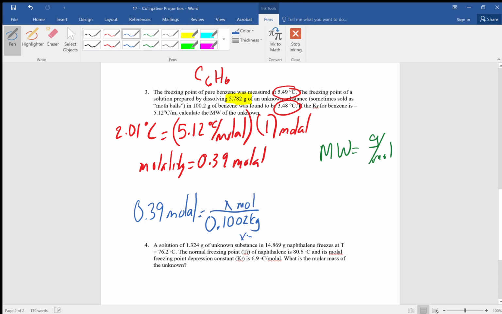And so X, our number of moles, is equal to 0.039 moles. Finally, we can calculate our molecular weight as the mass that's given, 5.782 grams, divided by the number of moles we just calculated, 0.039 moles, and we get a molecular weight of 148 grams per mole.